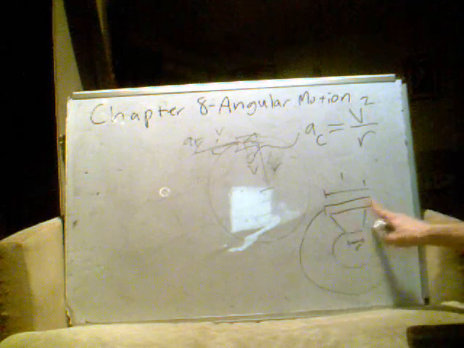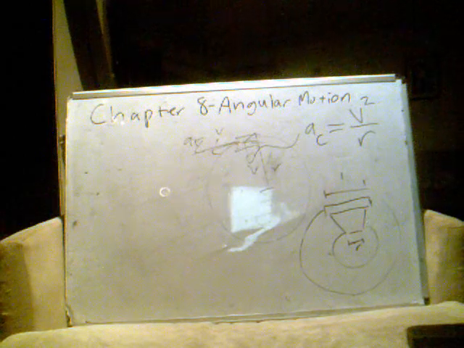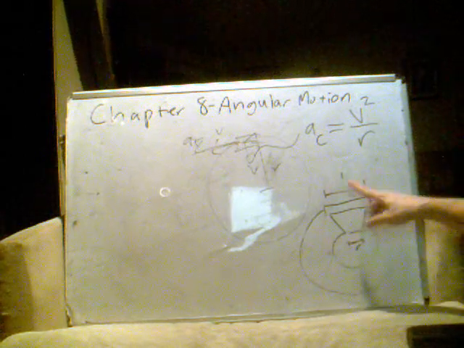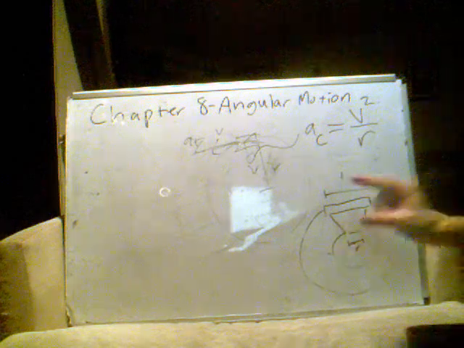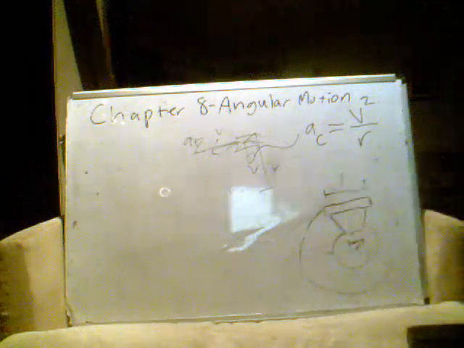Now, obviously, the larger radius, the rim of the cup, for example, is going to have a greater tangential velocity, right? It's going to cover a greater distance, greater linear distance, in an equal amount of time. And since this part, therefore, is literally moving faster, this is going to move in a circle.